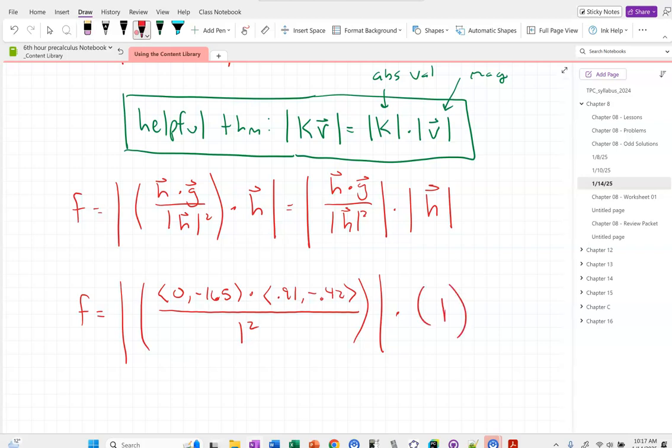So I'm going to add that extra little step where I use that little theorem that I wrote symbolically. And now I'm going to fill in the numbers. That's probably a little more straightforward, right?